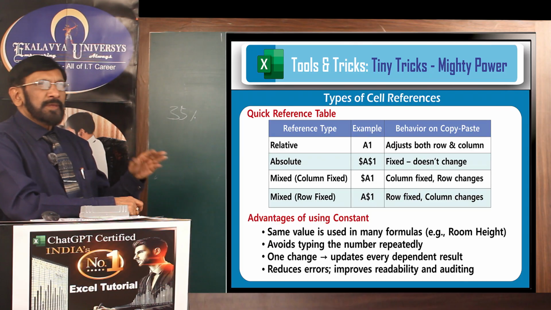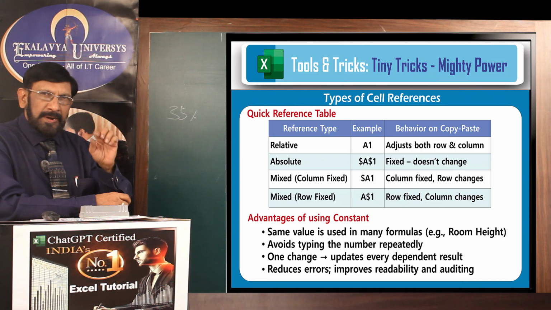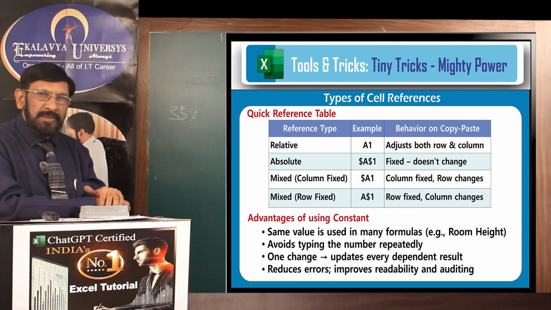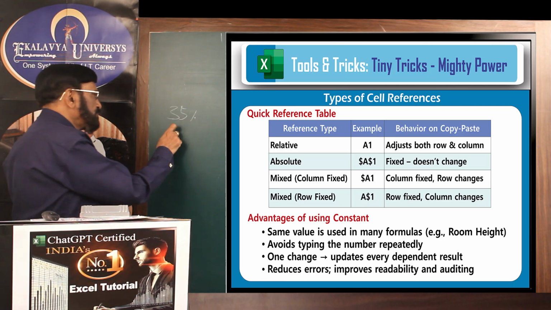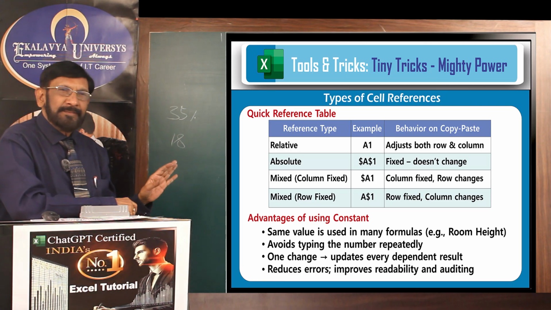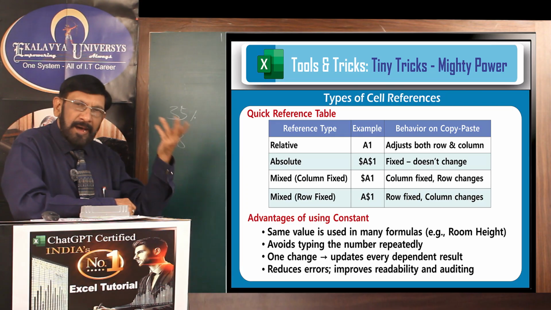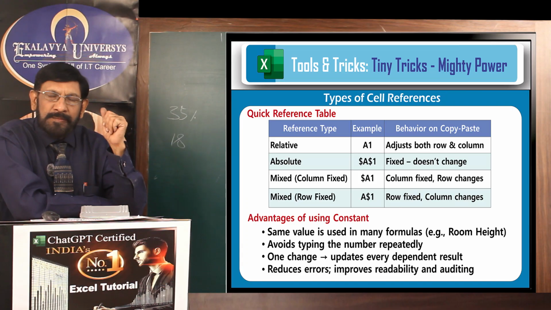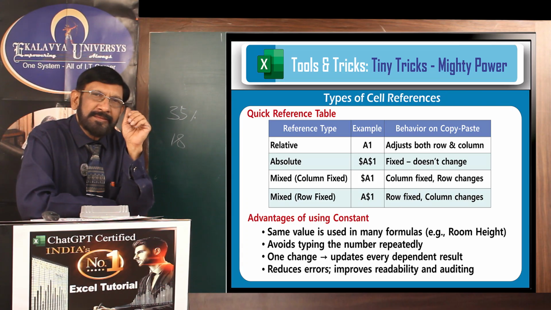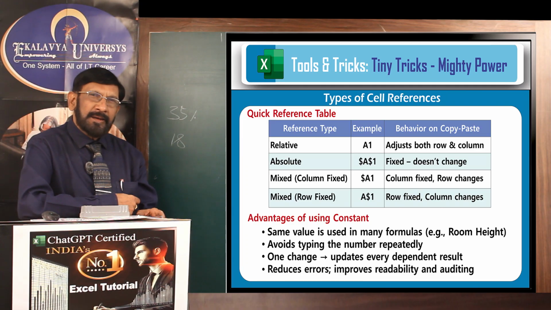Similarly, for majority age, 18 can be declared as a constant, because whoever has completed 18 years or more will be called a major. Others are called minors.